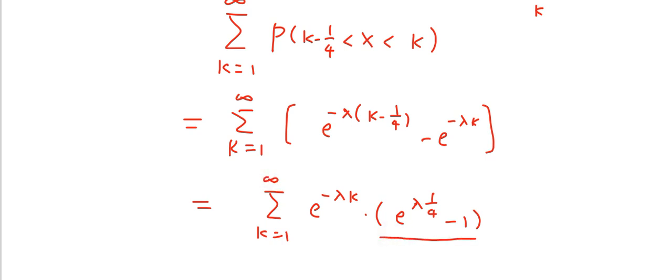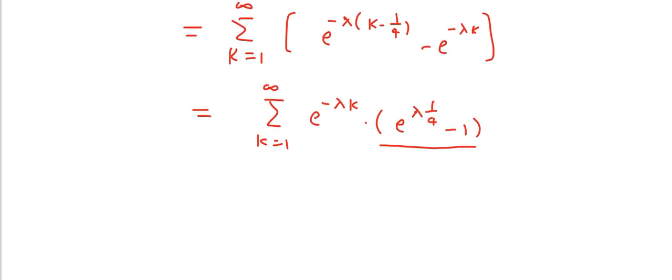So this is a constant, we can take it out. Suppose this is C. So C equals e to the lambda 1/4 minus 1, where lambda is 0.5, like 1/2. So C times the sum over k equals 1 to infinity of e to the negative lambda k.